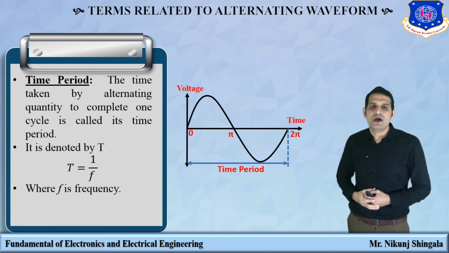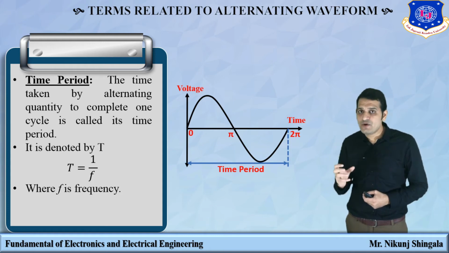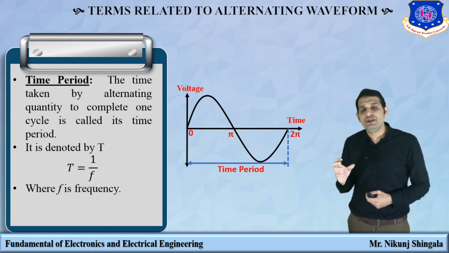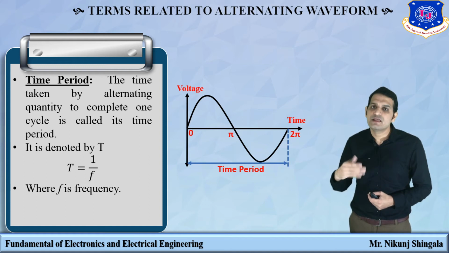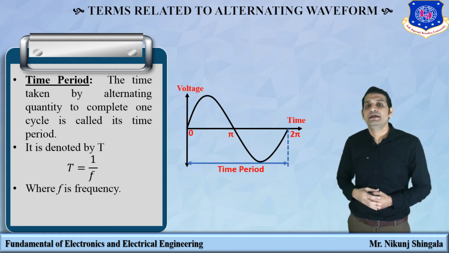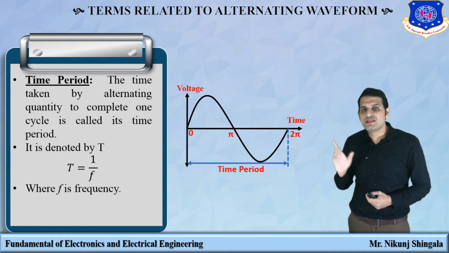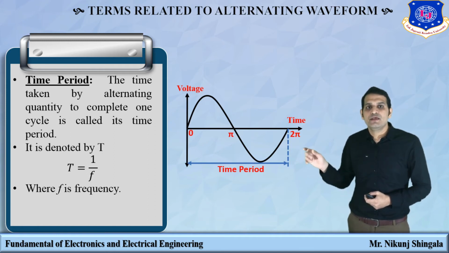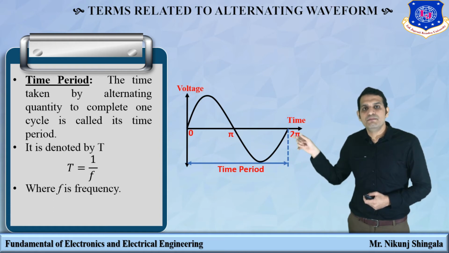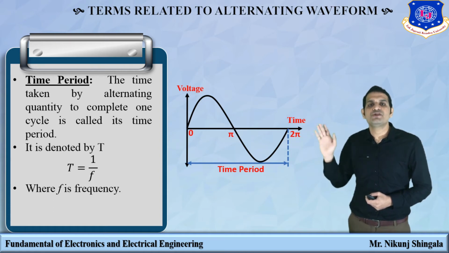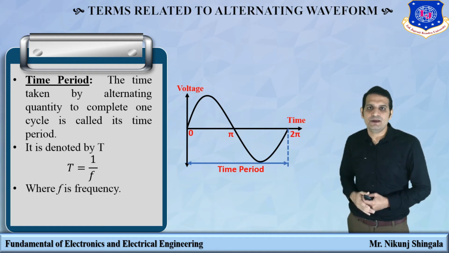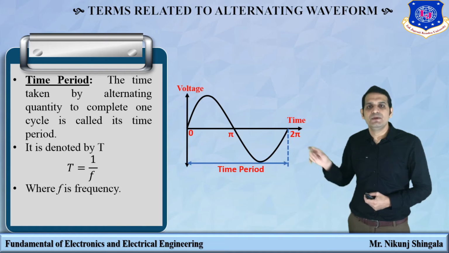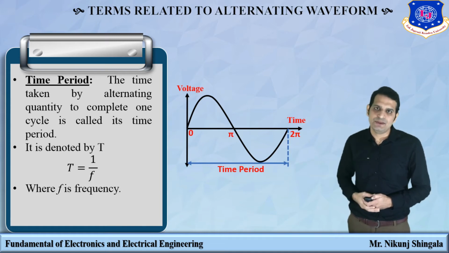Now suppose an alternating quantity has a time period of 5 seconds. What does it mean? It means that it completes one cycle in 5 seconds. Time period is not only measured between 0 and 0 value; it can be measured between maxima and maxima, because the alternating quantity is repeated. So between two maximum values or between two minimum values we can also get the time period.